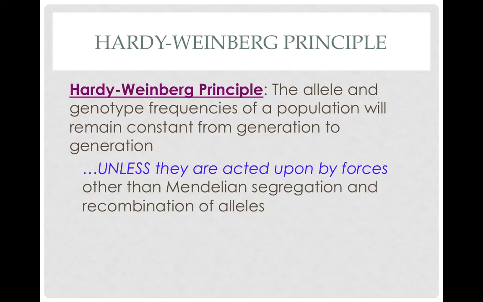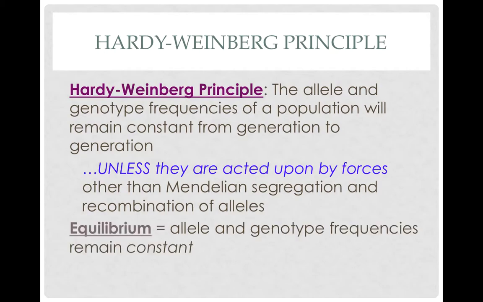However, the principle goes on to say that this is only true unless they are acted upon by forces other than Mendelian segregation and recombination. There are some things that have to be true in order for the Hardy-Weinberg principle to be followed. In the Hardy-Weinberg principle, equilibrium is reached, and this is the idea that allele and genotype frequencies are going to remain constant.